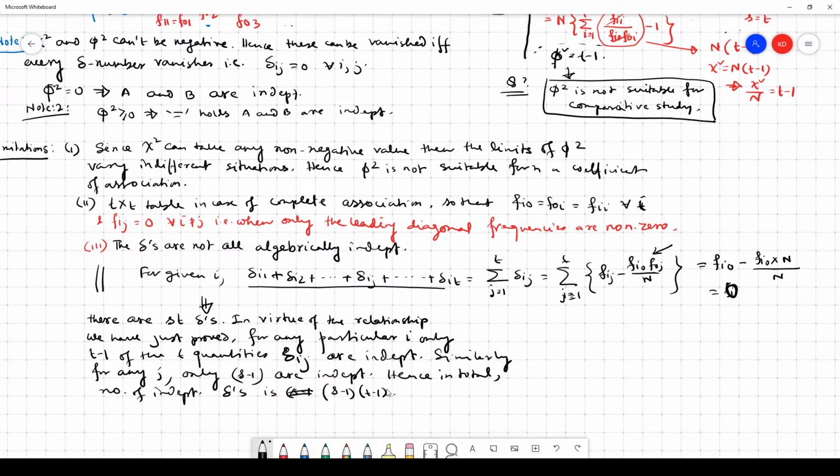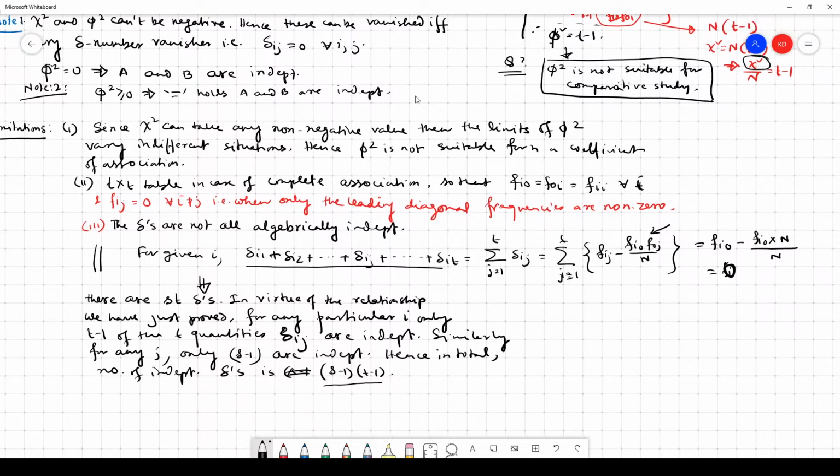If you want to test this, you will learn this thing in higher class, in next semester maybe. You use chi-square test. This is the chi-square test statistic, and its degrees of freedom is s minus 1 into t minus 1. We can argue the same way that there are s minus 1 t minus 1 independent deltas. So it's the chi-square with s minus 1 t minus 1 degrees of freedom.